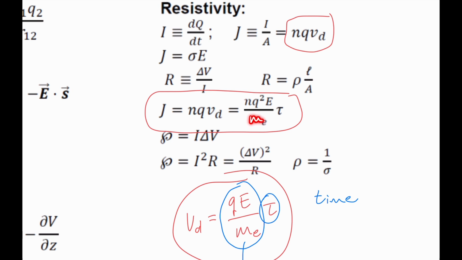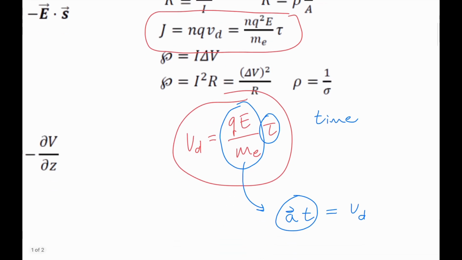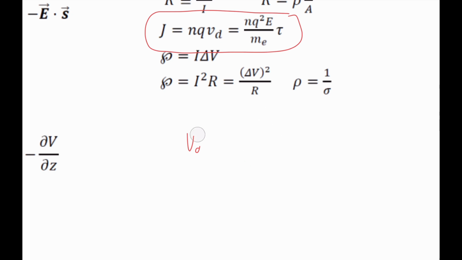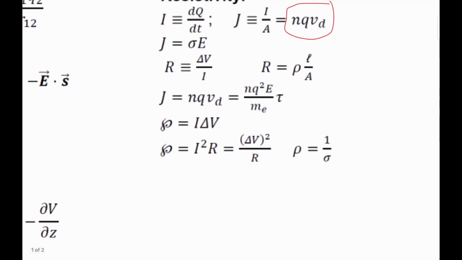And you have the mass of the charge carriers, which in this case is the electrons. And you run this electric field for a certain amount of time. You can get the current density with this equation. I got that by plugging in a previous equation that we saw. And the reason I noticed it is because this qE over m looks very familiar to me, if this was just a 1 here instead of a squared.